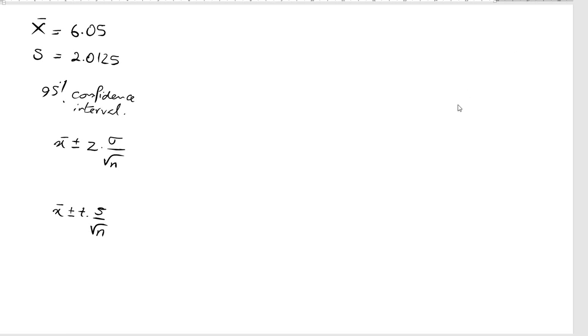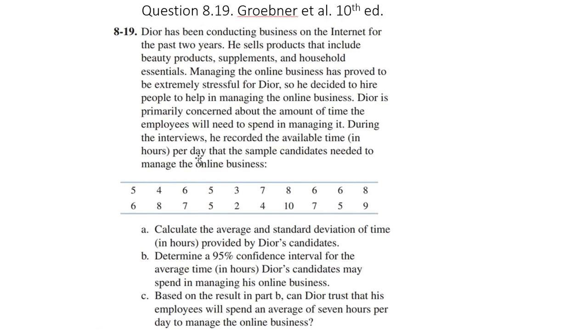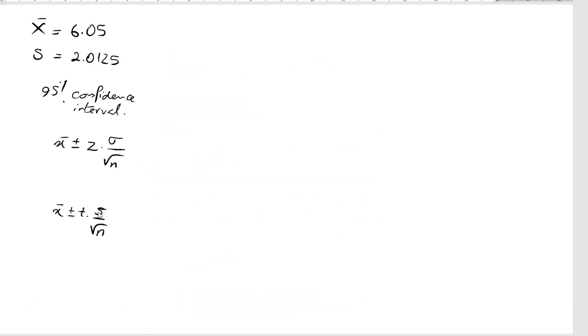Which one to adopt? I need to go back and read the question carefully. It says here that you have a sample of candidates. That's one hint. And I look at the sample size is 20, less than 30. So I have only one option. I can only adopt this formula here, because I'm dealing with the standard deviation of a sample, not a population, and also the sample size is small.